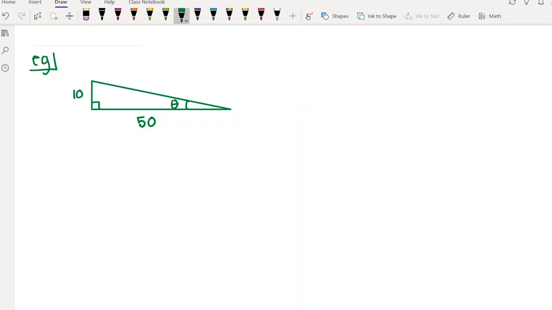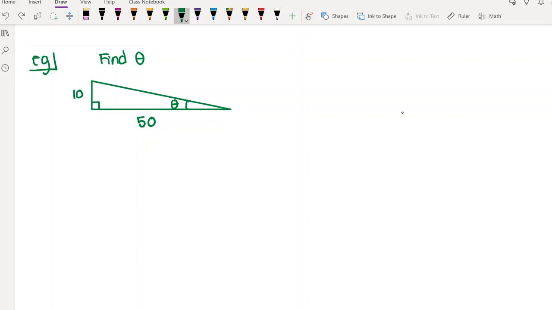What I would recommend doing on these questions is look at the information you have and what you're looking for and figure out what can relate that information. The information we have is this side, and we're looking for this angle. The relationship amongst those is the opposite and the adjacent side.